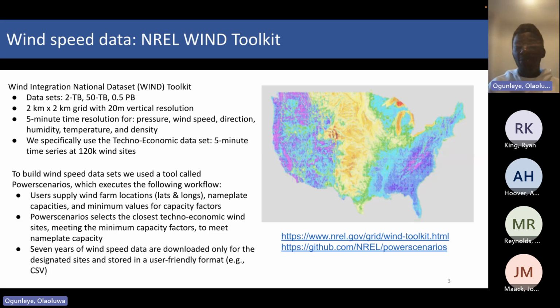Then power scenarios selects the closest techno-economic wind sites meeting these minimum capacity factors and nameplate capacity. Since this is historical data, we get the data over a period of 7 years, download it, and store it in a CSV file.